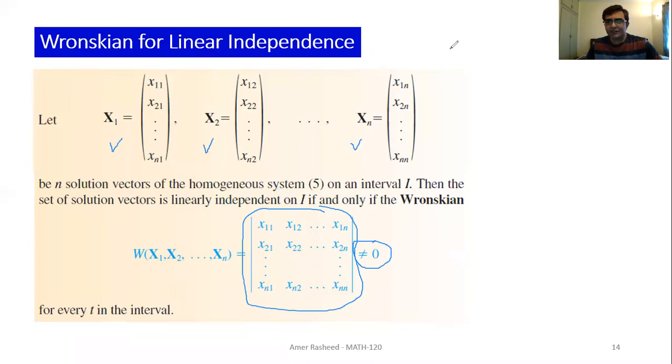There's a question in the chat window: how do we get more than one solution for solving a linear system? We will discuss this. For now, you just assume that there are n solutions for a system of n first order homogeneous differential equations.